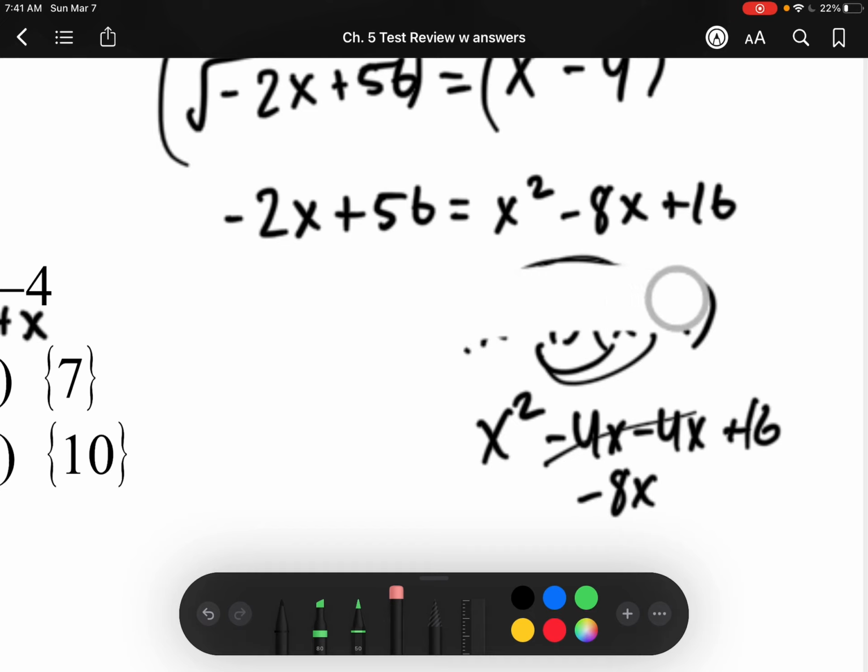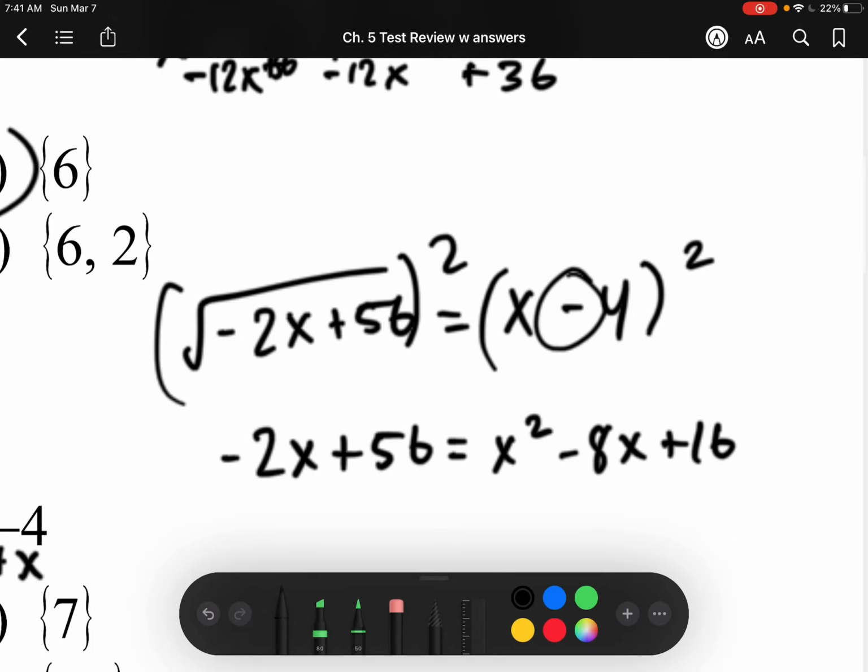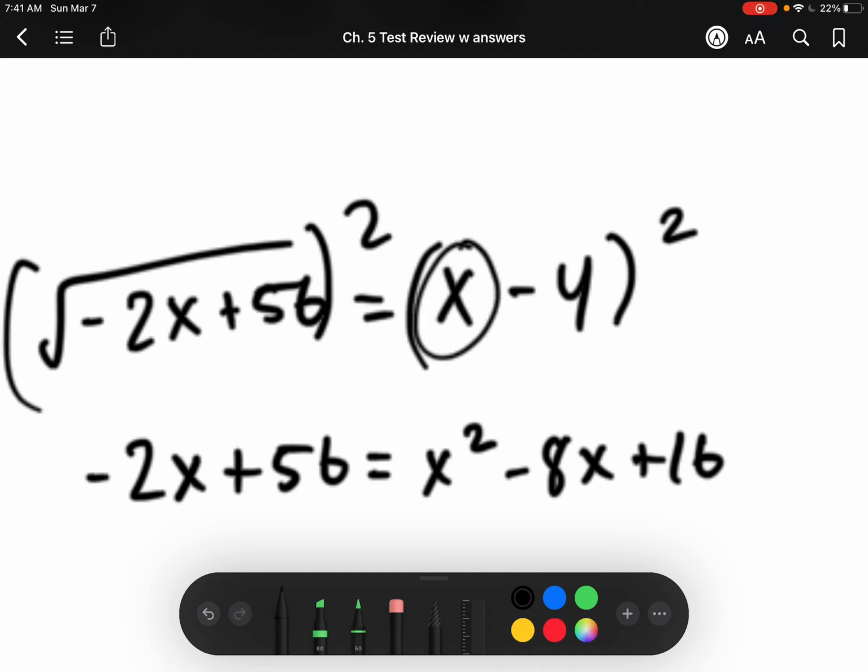So the way I did it in my head is, when you have x plus or minus something squared, you know that you're going to get x squared. And since this number is going to be multiplied by x 2 times, you do 2 times this, right? So 2 times negative 4 gives me negative 8. And then you do this times itself. Negative 4 times negative 4 gives you 16.